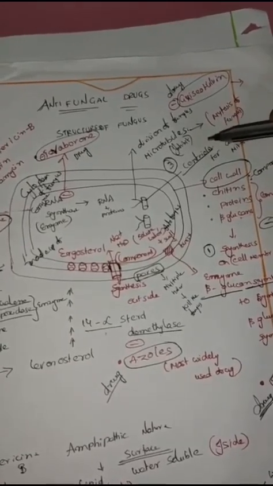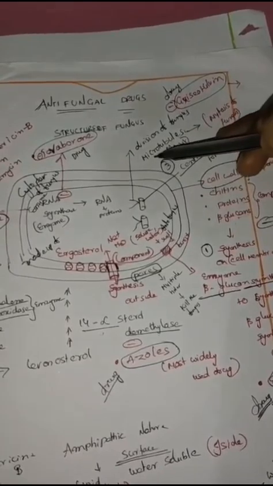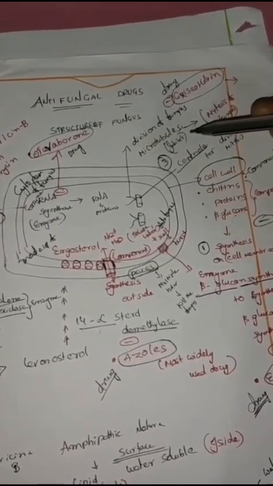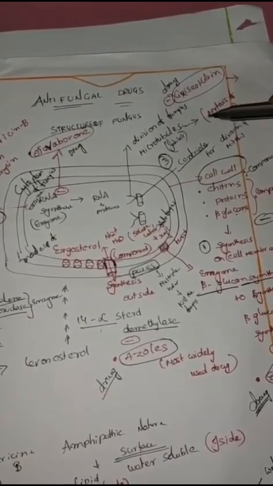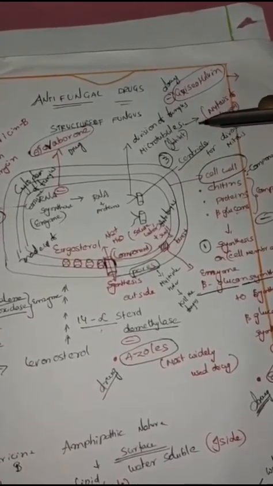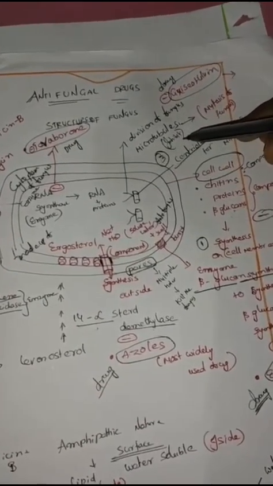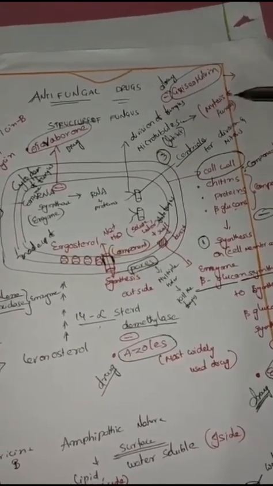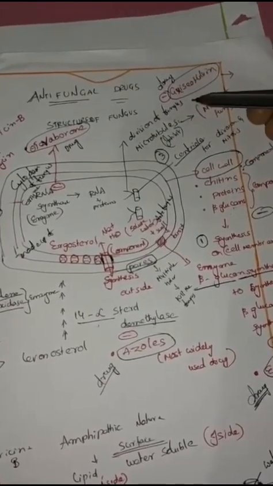The microtubules are responsible for the mitosis of the fungus. If you inhibit them, what is going to happen? We can inhibit the mitosis of the fungus. The division of the fungus can be inhibited by griseofulvin.